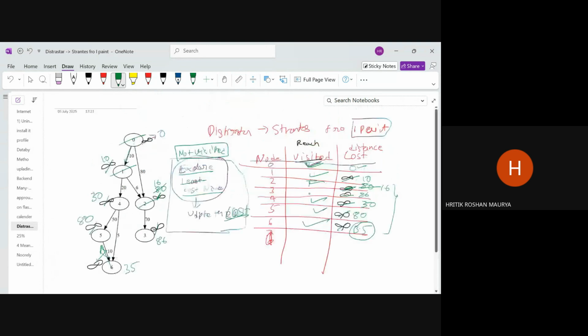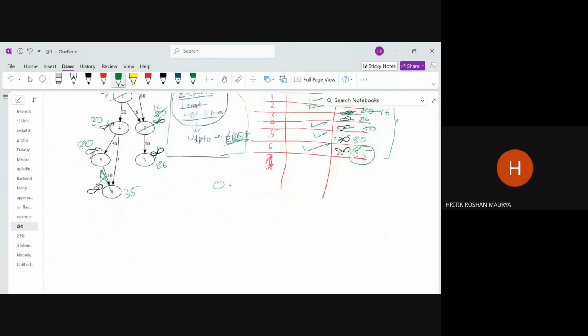So the cost of going from 0 to 1, 0 to 2, 0 to 3, 0 to 4, okay, 0 to 1, 2, 3, 4, 5, 6 is this.